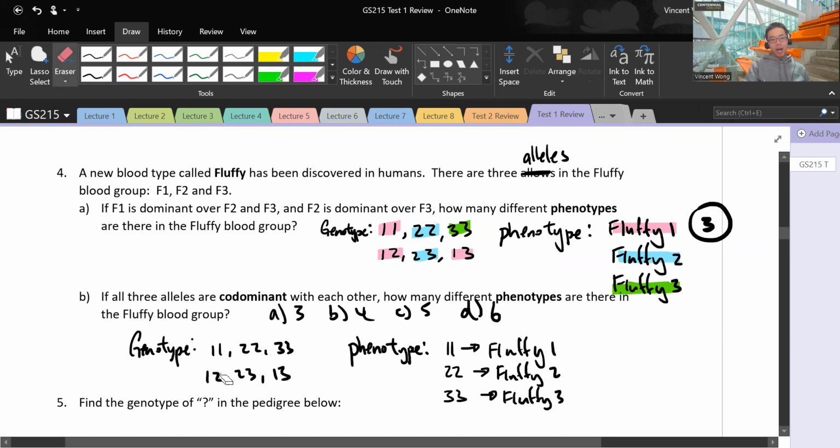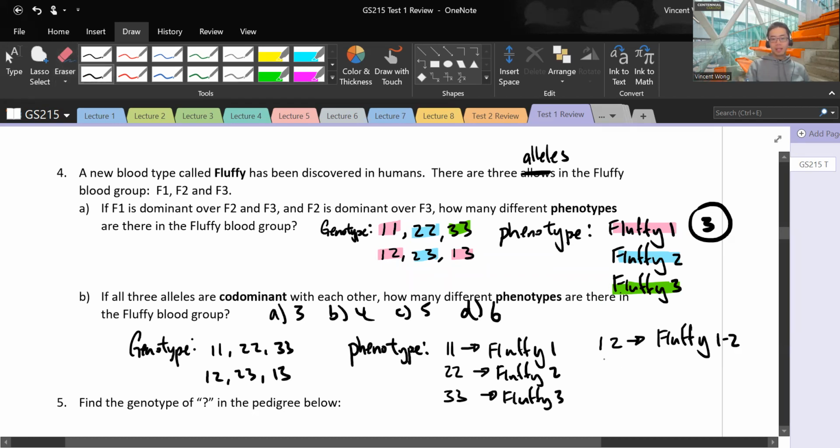When you have combinations, when you're heterozygous, you need to think about it a little bit more. If it's 1 2, what should we call this? In this case, they're all codominant to each other, so this would be fluffy 1 2. It's like I^A I^B: you don't call it A or B, you call it type AB blood.